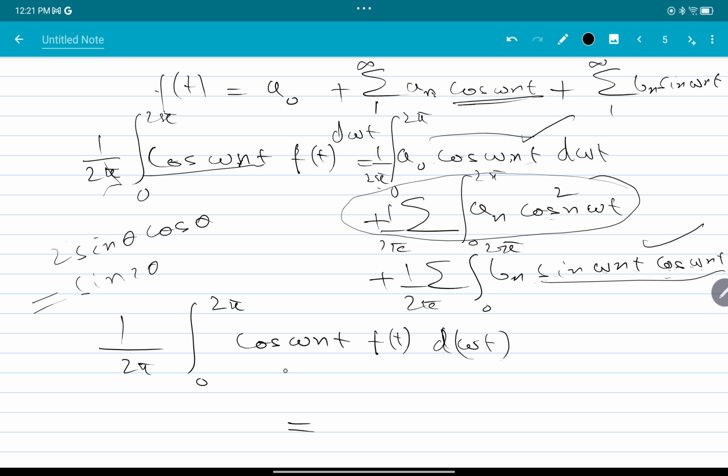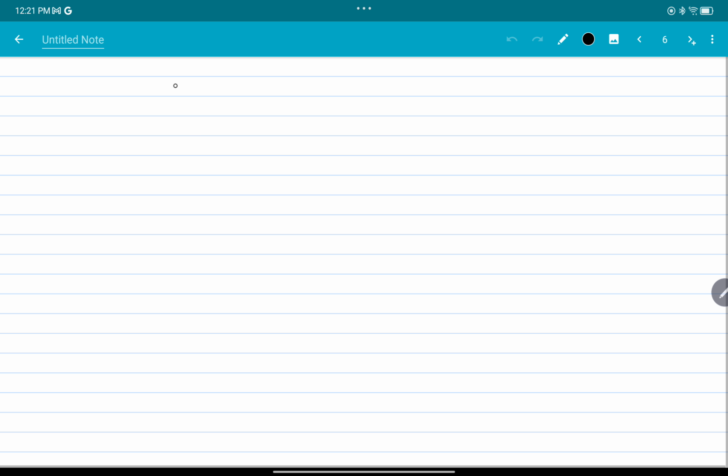Now this is equal to 1 by 2 pi into an, and cos square, the average value of cos square is 1 by 2. So the 2 and 2 will cancel, and we get an.